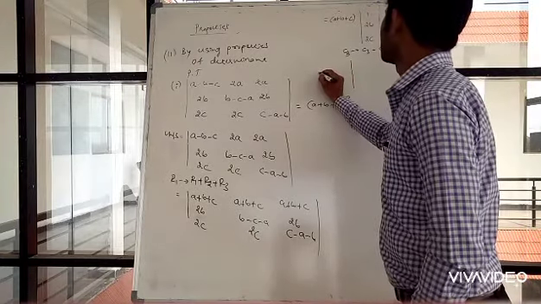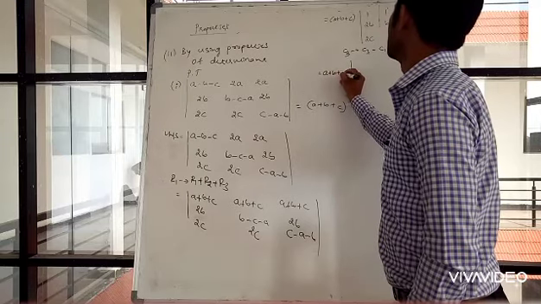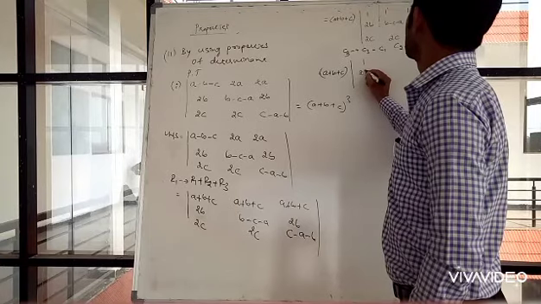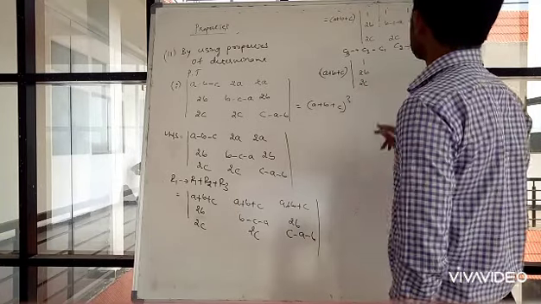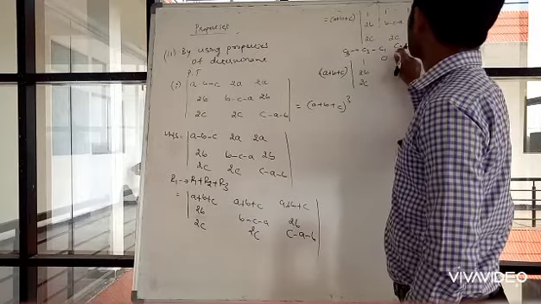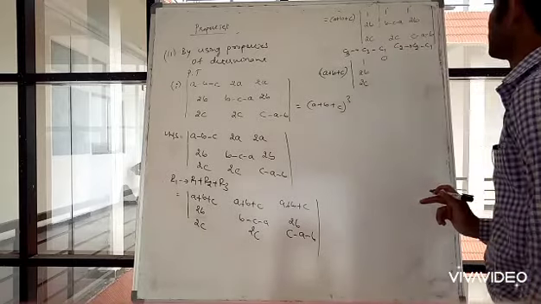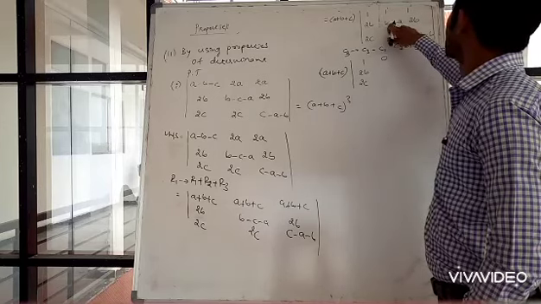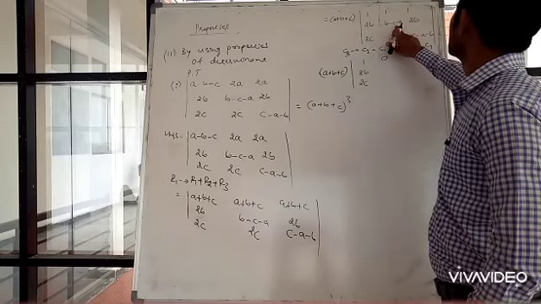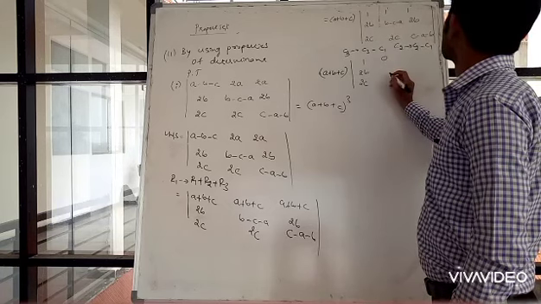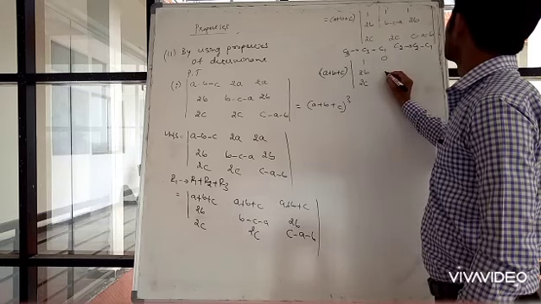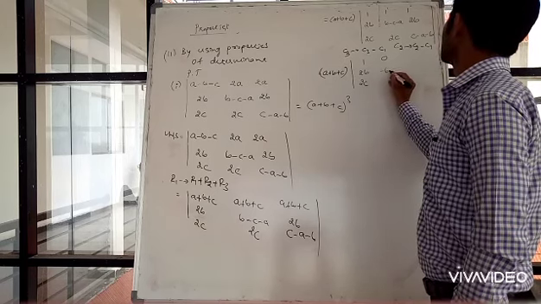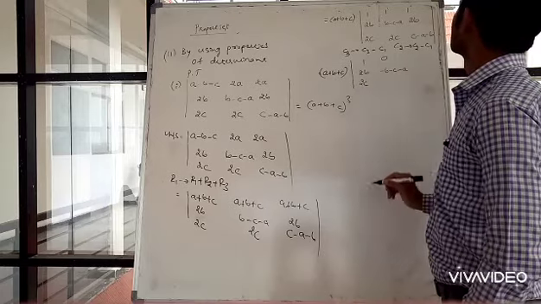Here a plus b plus c. Then first column as it is 1, 2b, 2c as it is. 1 minus 1, 0, because C2 implies C2 minus C1. Here 2b is there. C2 minus, b minus c minus a minus 2b. So it will be minus b minus c minus a.